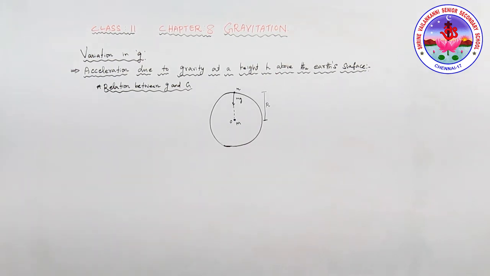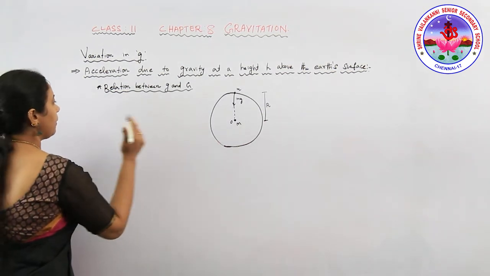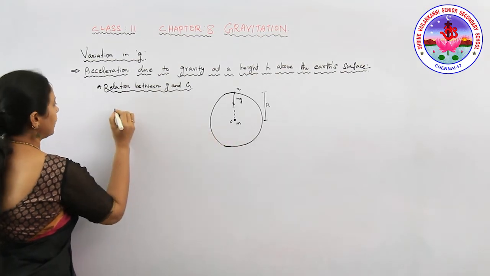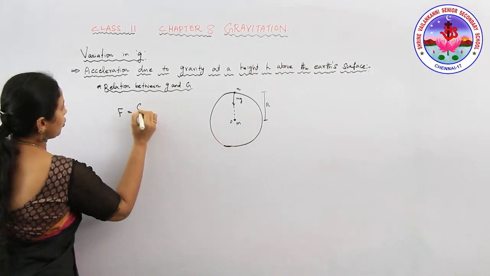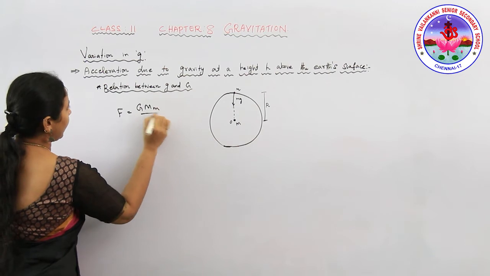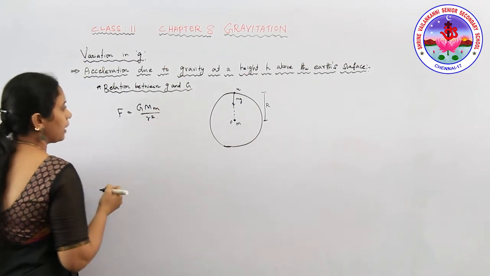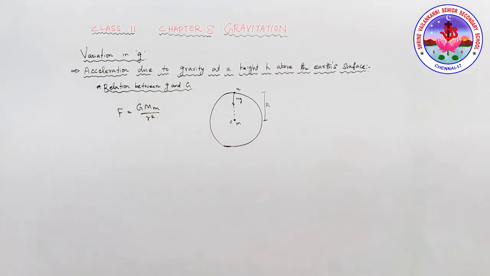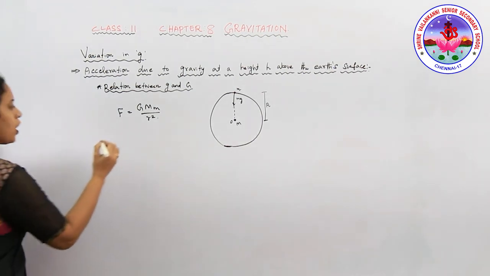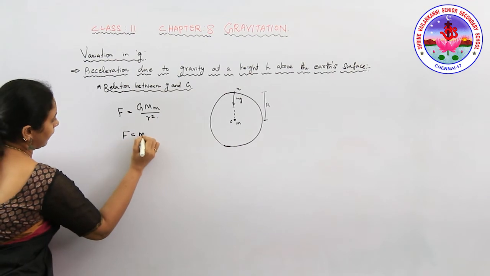According to the law of gravitation, the force of attraction between the object and the Earth, F, is equal to G M m by r square. And we must know that the force F produces an acceleration g in the body of mass m. Because of Newton's second law, force is equal to what? mg.